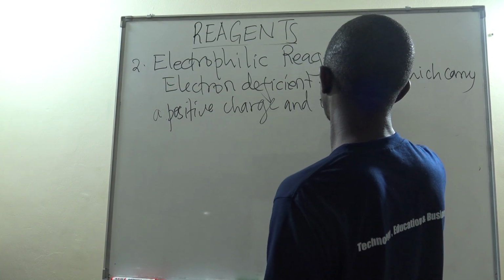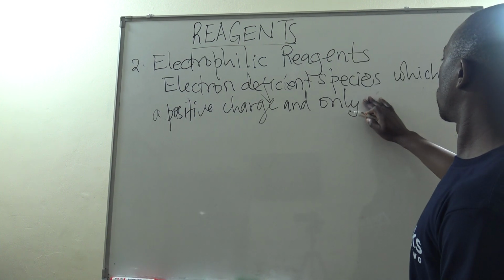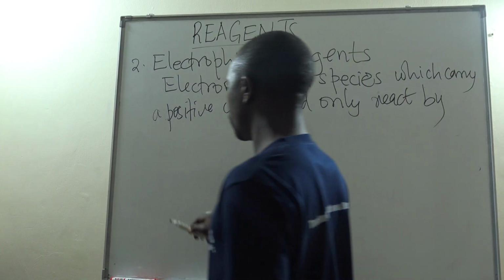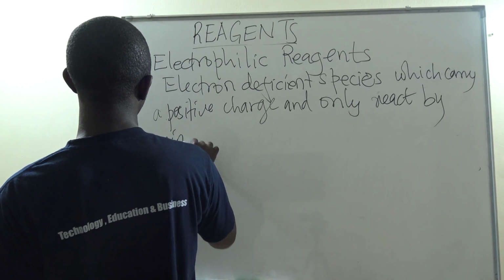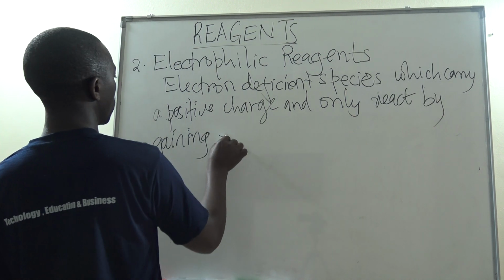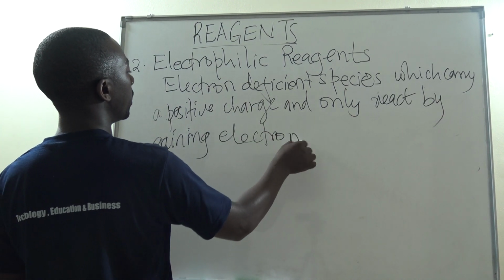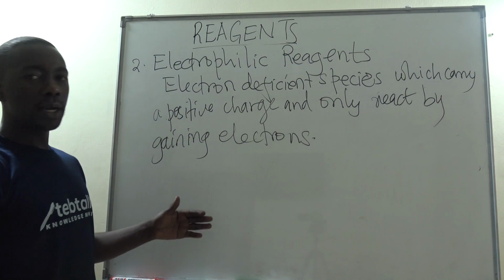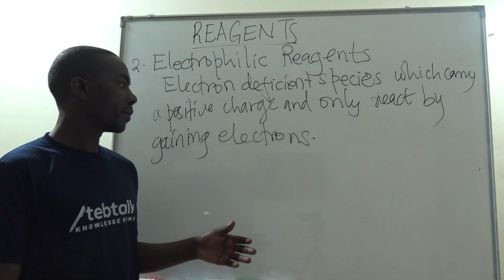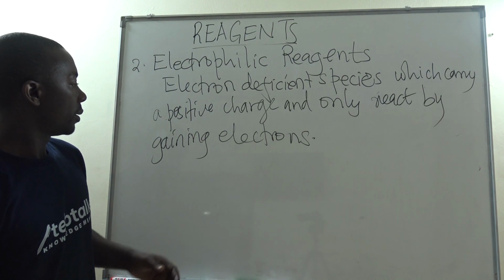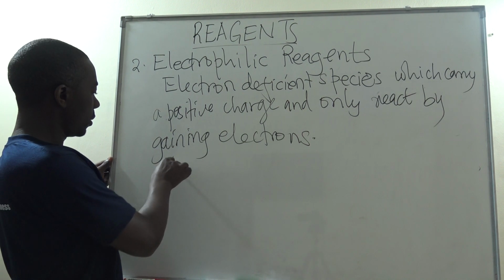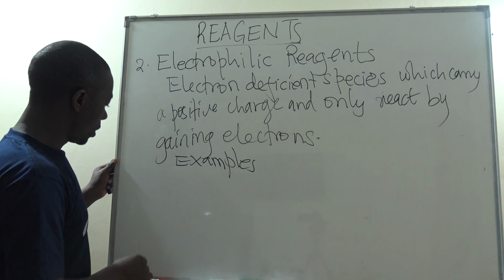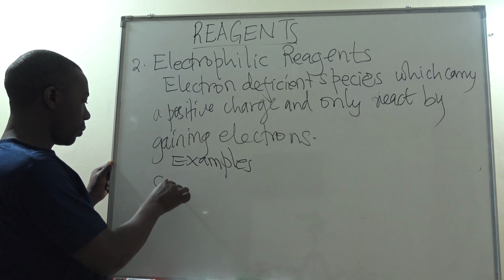and only react by gaining electrons. They can only react by gaining electrons. The electron deficient species which carry a positive charge and can only react by gaining electrons. So examples, as far as organic chemistry is concerned, could be carbonyl carbon.